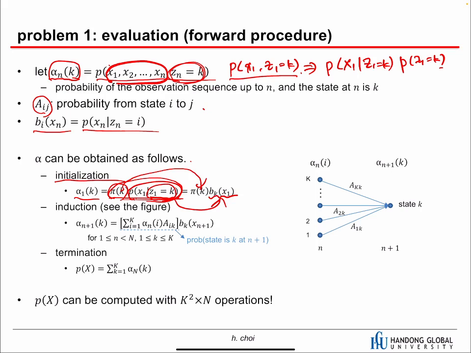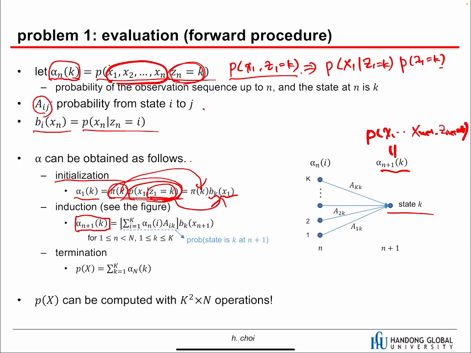And then we're going to use this induction. Alpha n plus 1 of k, in this graph, means the probability of x1 to xn plus 1 and z n plus 1 is k. So this is alpha n plus 1. We have to calculate the probability at state k.